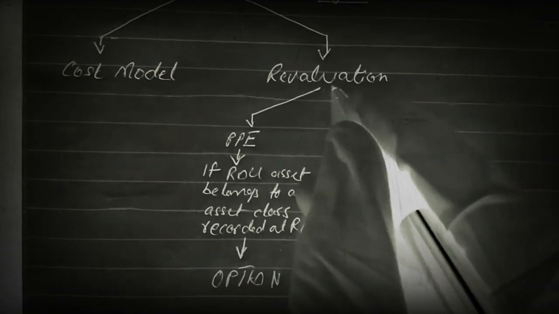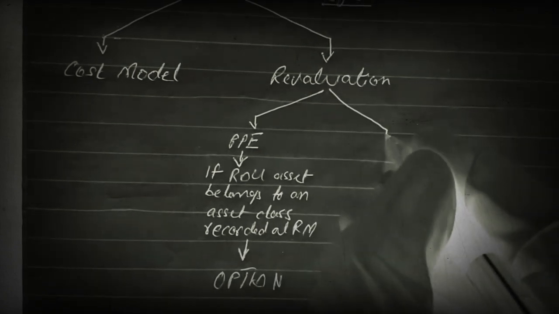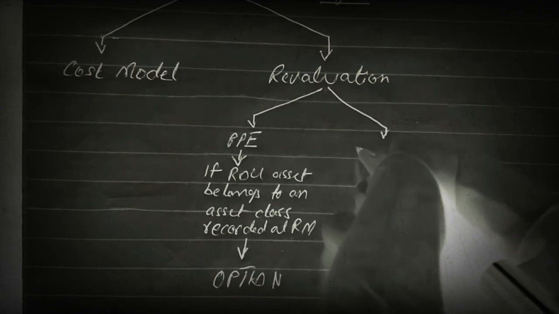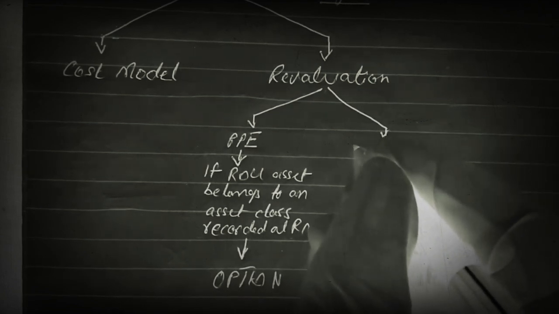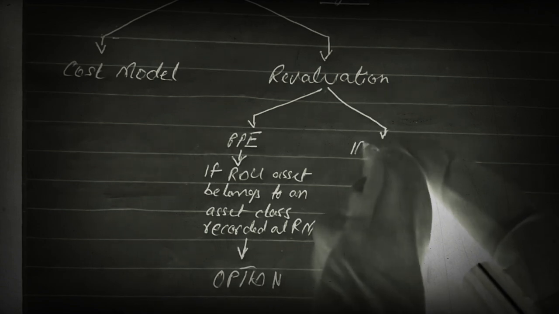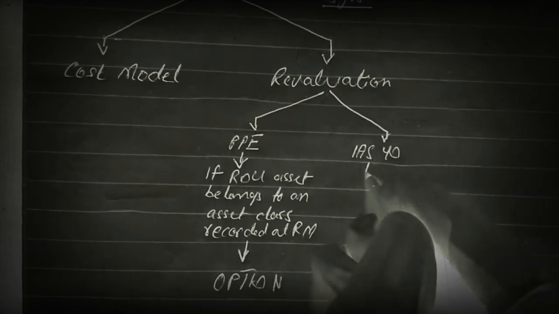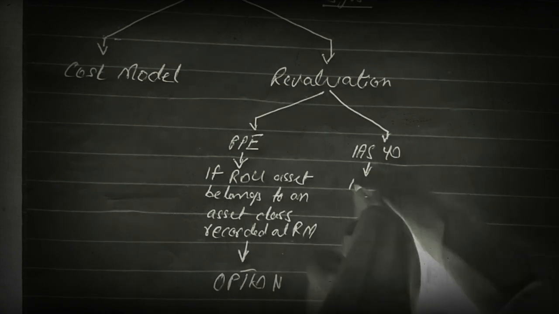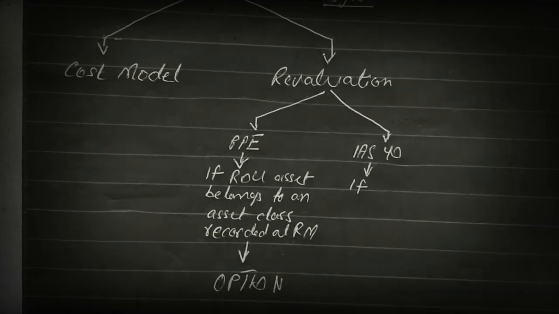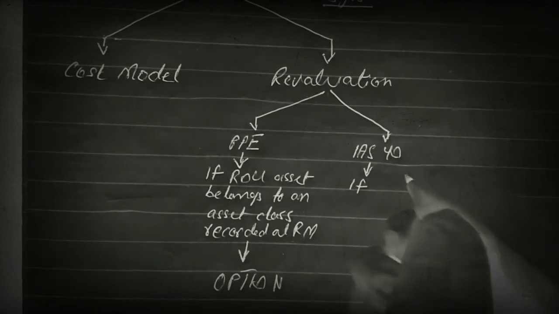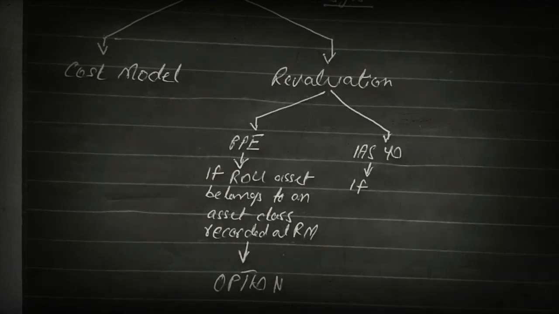However, if that right of use asset belongs to IAS 40 investment property, it's an IAS 40 asset, and if the lessee has a policy to record all of its investment property at fair value, then the lessee will have to record that right of use asset at fair value as well.